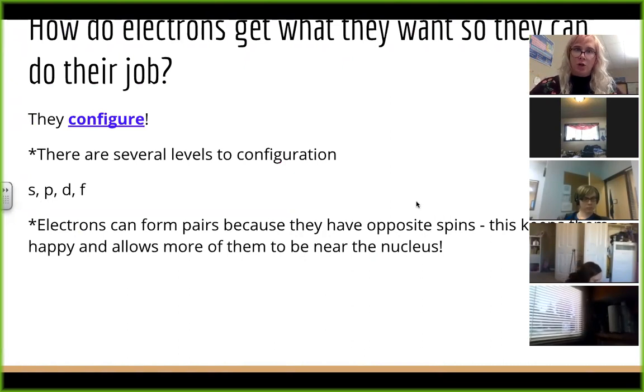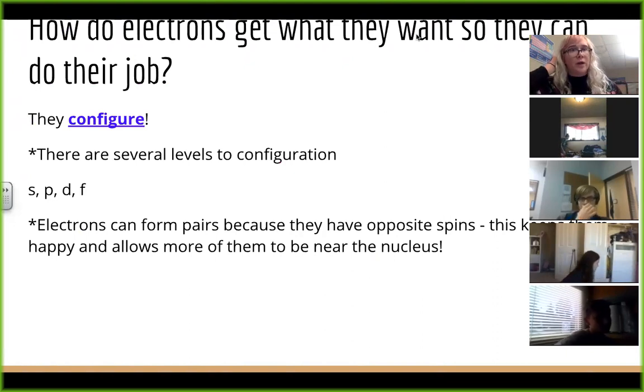Another thing that we need to know is that electrons can actually form a pair, right? So they spin in a certain direction, an electron. And if an electron is next to it that's spinning in the opposite direction, that's fine. If electrons are spinning in the same direction, they definitely don't want to be near each other, right? So if they have opposite spins, they can actually pair up.